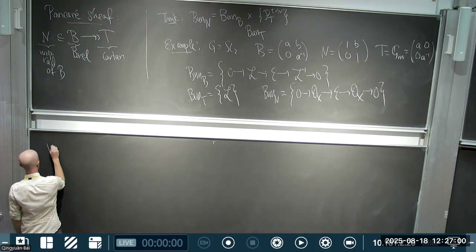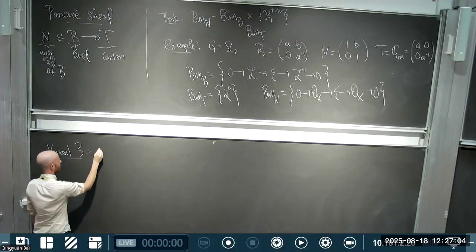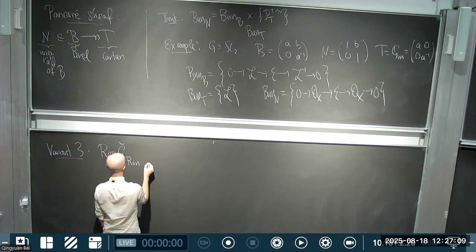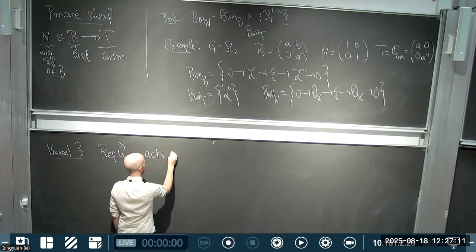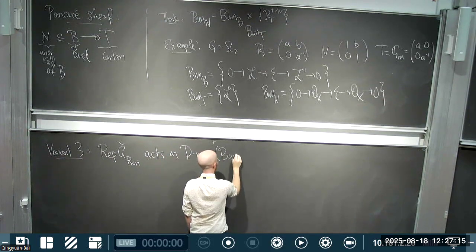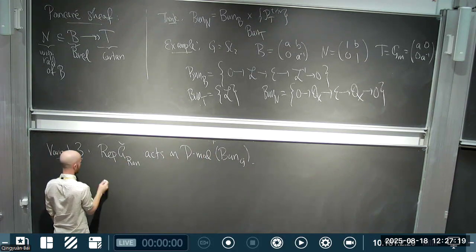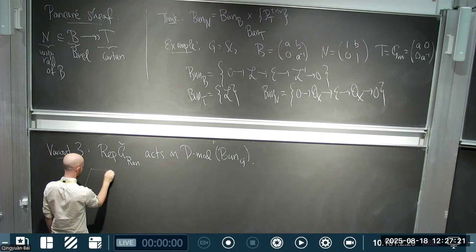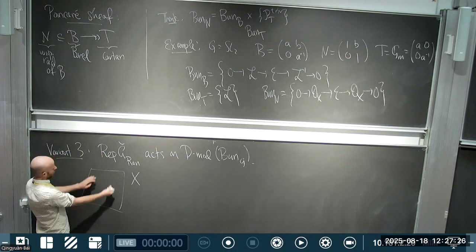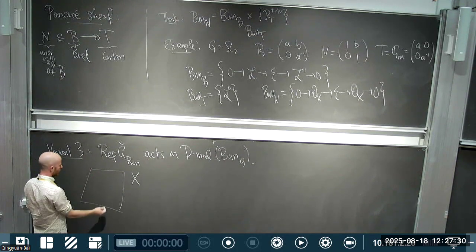And so variant 3, which I was hoping to say more about, but I guess I won't, is that this category Rep G-check acts on D-mod of Bun_G. If you think what an object here is, it's kind of a picture that follows. The most basic objects of Rep G-check look as follows.